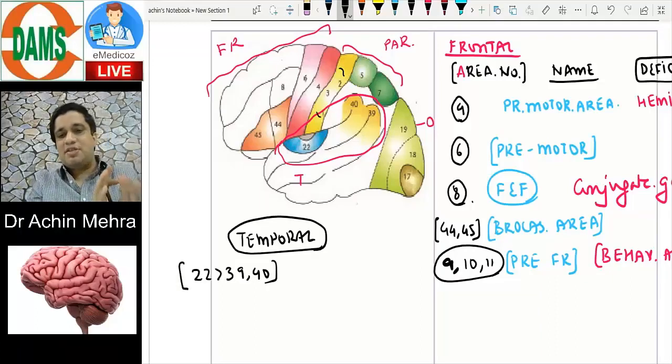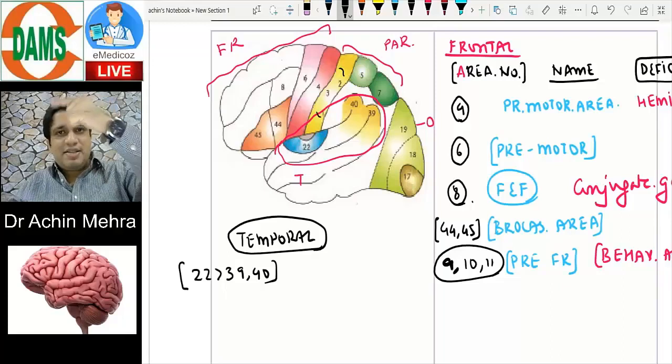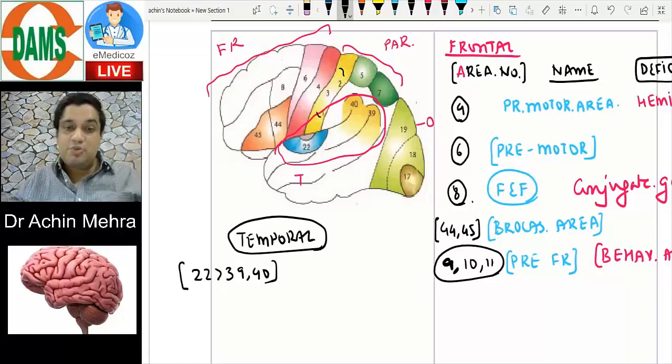Because there has been a controversy of late on this, that the Wernicke's area, that is for comprehension, is located where? Some of the authors write it as 39, 40, some of the European authors put it as 22, but 22 as the answer is better than 39 and 40. Actually, the Wernicke's area is an extended area. It starts from 39, 40 and goes to 22, or starts in 22 and goes to 39, 40. So remember this, the better answer any time is going to be area number 22.